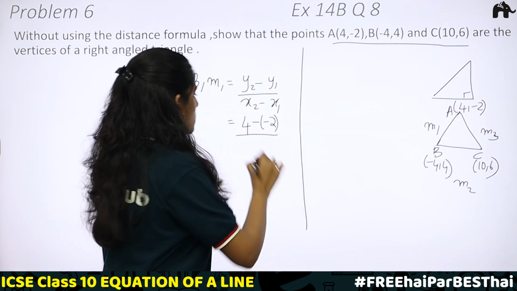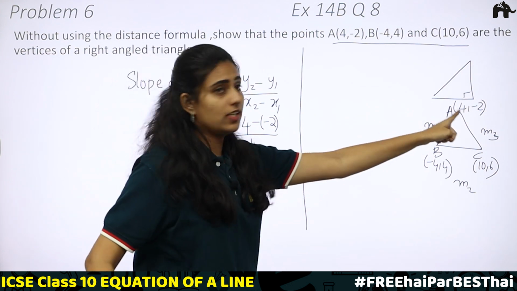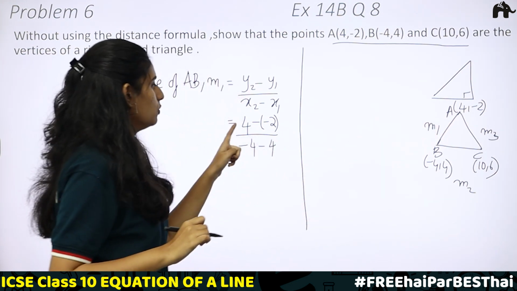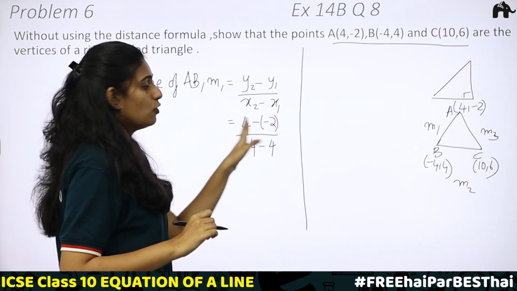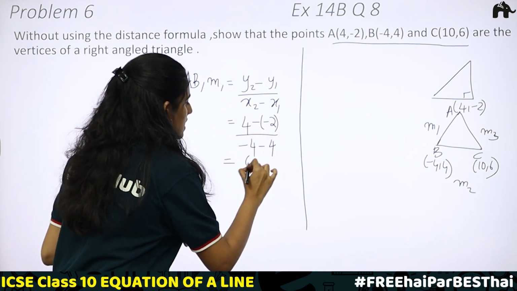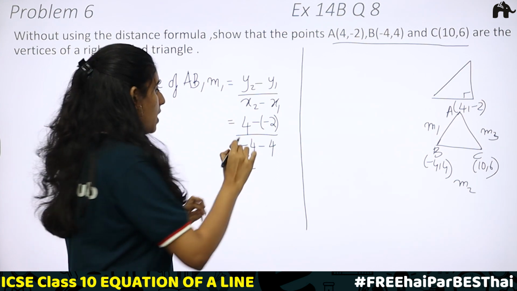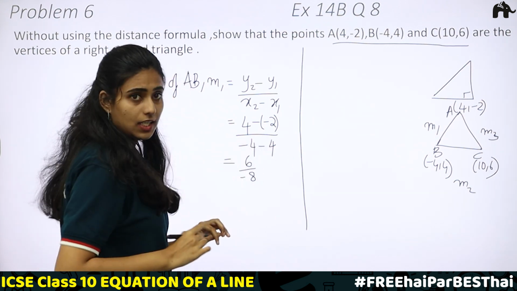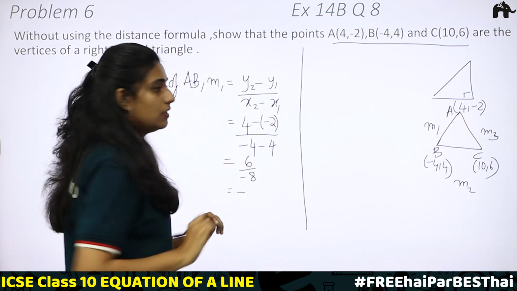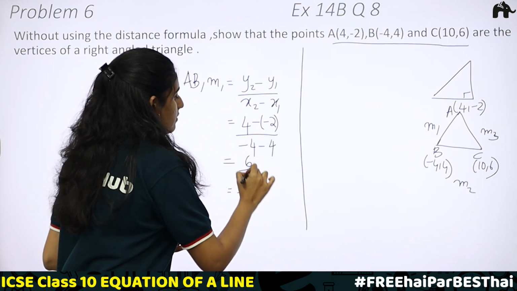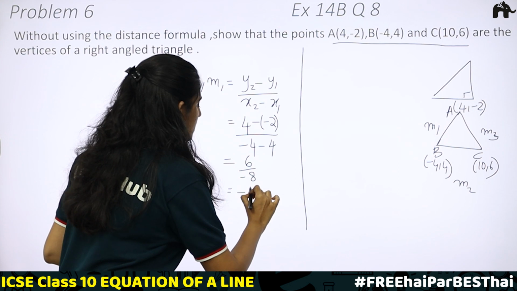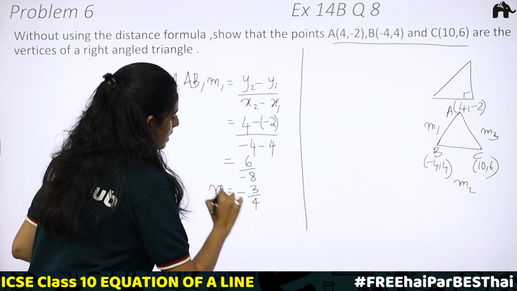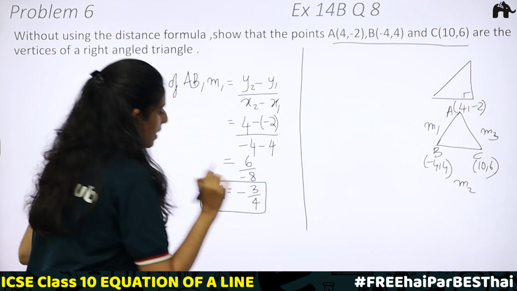Here x2 is minus 4 and x1 is 4. Minus 4 minus 4. That is equal to 4 minus of minus 2, 4 plus 2 which is 6, divided by minus 4 minus 4. Minus 4 minus 4 is minus 8. Okay. This is equal to, taking negative to the numerator, 6 divided by 8 is 3 by 4. So we got M1 is equal to minus 3 by 4.